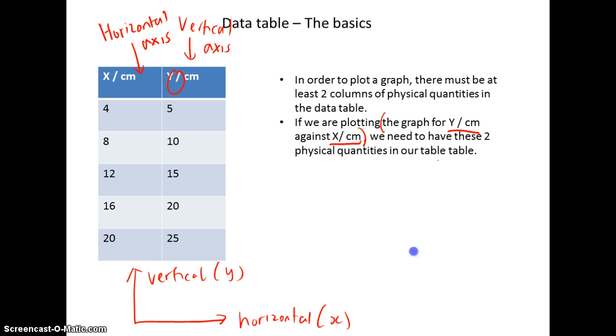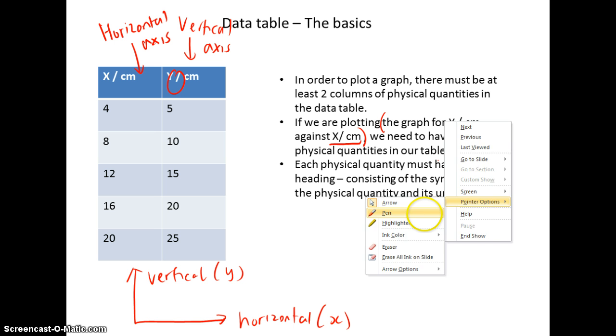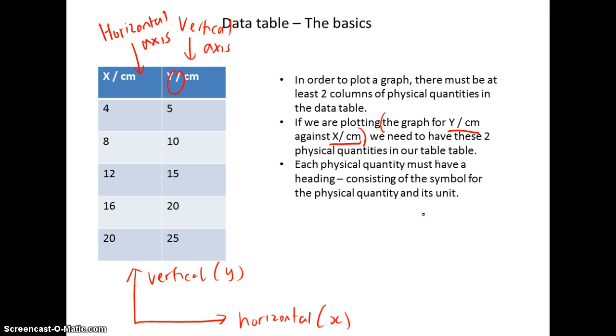Moving on. Each physical quantity must have a heading consisting of the symbol for the physical quantity and its unit. What this means is, these two are called the physical quantities.